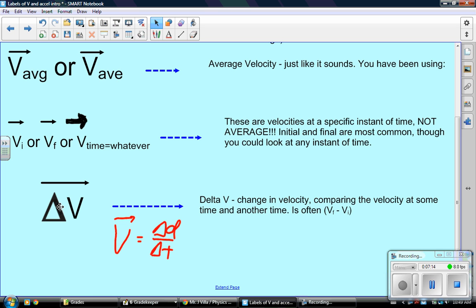And then they'll throw it into an equation that has delta V in it. They're not the same thing. This is change in velocity, so this would be one velocity minus another one. So initial velocity subtract final velocity, or the other way around. That's not the same as average. So please be aware of that and be very careful with that one.